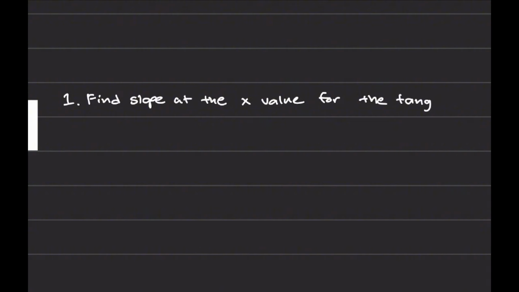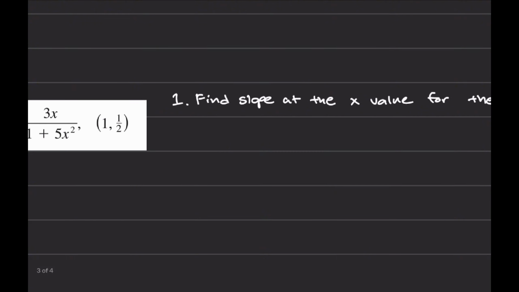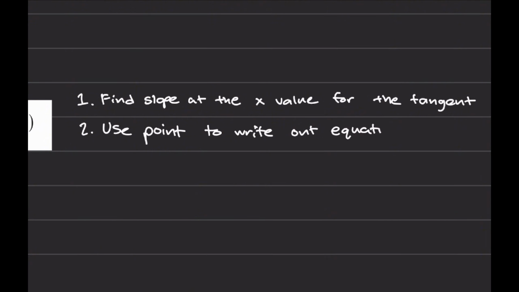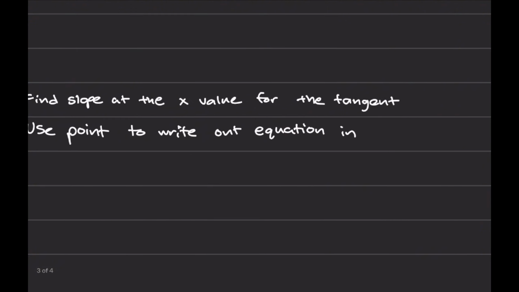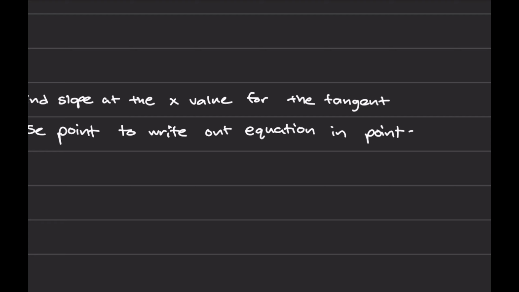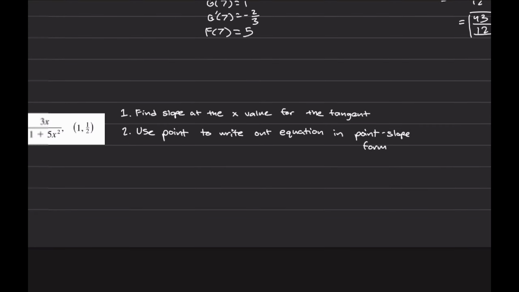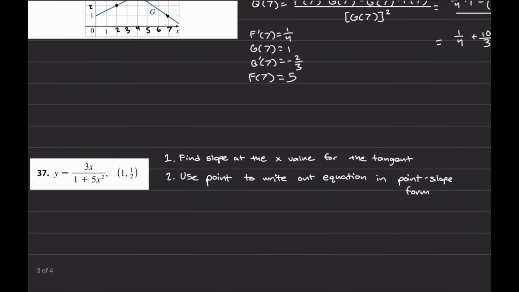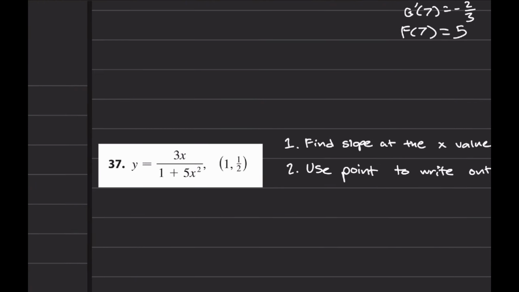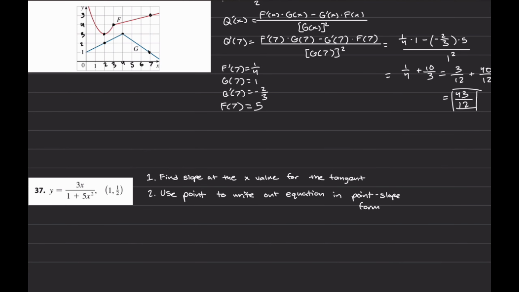That gives you the slope of the tangent line, and then you could use this point to write out the equation in point slope form. You could try that as an exercise. I have a problem like that in the comprehension questions, so you can also do that. So pretty simple there. It's nothing too complicated, just using the stuff that we already learned and the stuff from previous lectures.